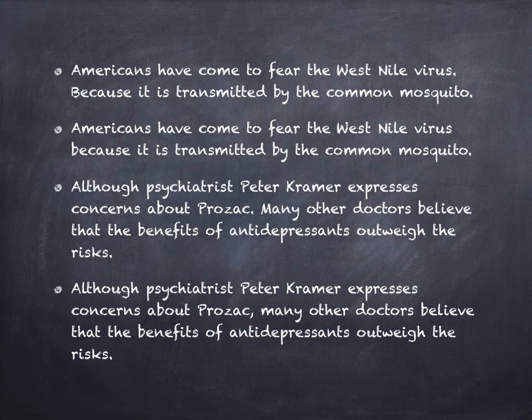If we merely attach it to the end of the sentence by removing the period and making the B a lowercase, it sounds like this. Americans have come to fear the West Nile virus because it is transmitted by the common mosquito. Now the sentence is written correctly and is appropriately punctuated.